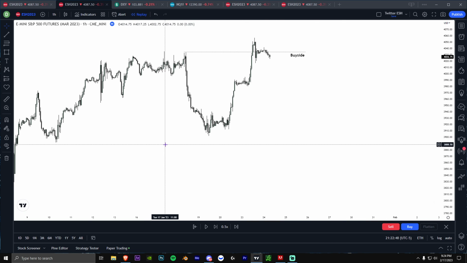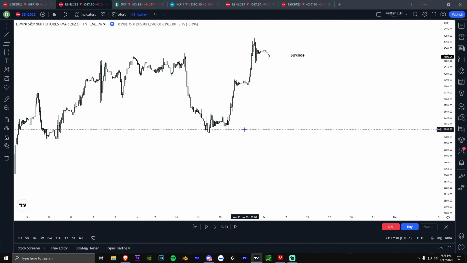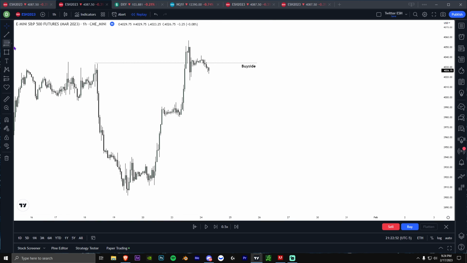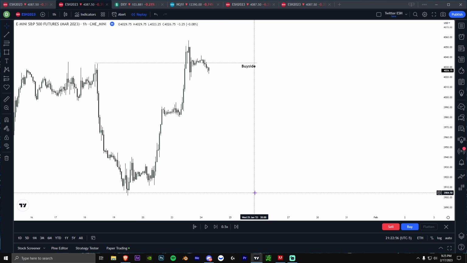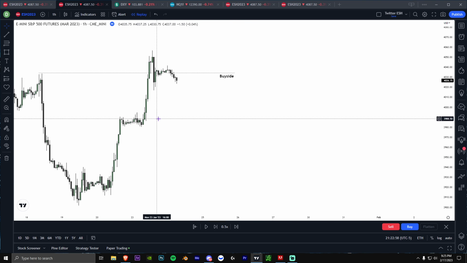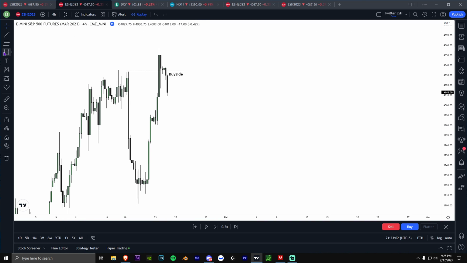There's not really any noticeable equal lows to target. I guess there's these, these are relative equal lows. But I feel like we go to the 4 hour. See the 4 hour, we have this BPR and this right here looks pretty bullish.